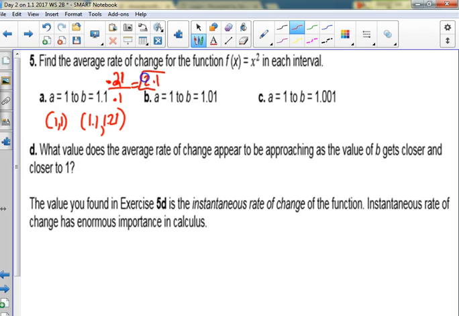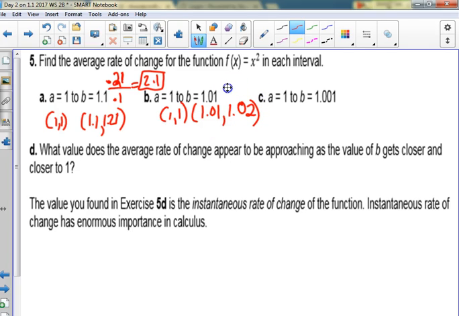2.1. Okay. Over here, 1 squared is 1. What is 1.01 squared? What is it? 1.02? 1.01 squared is 1.02?